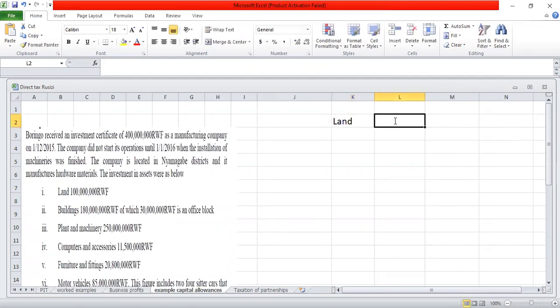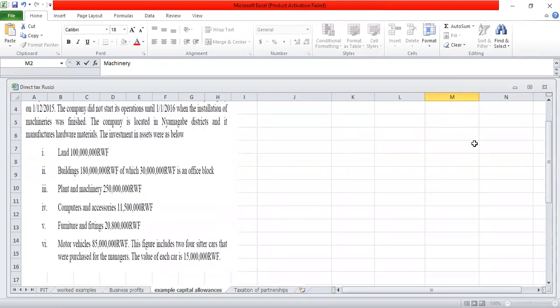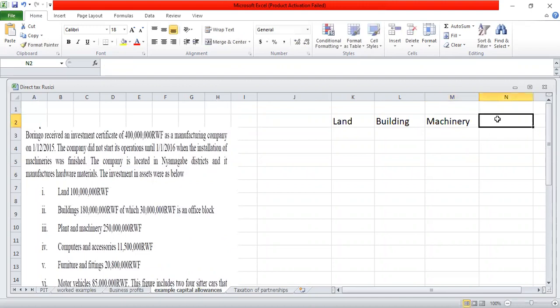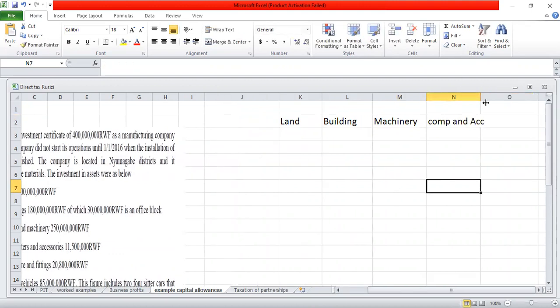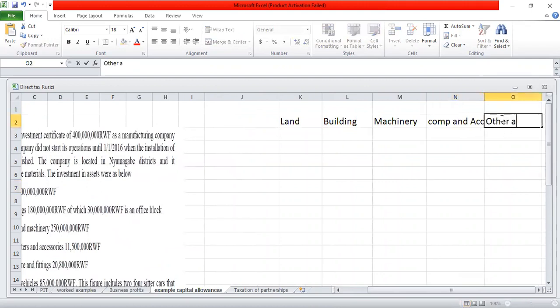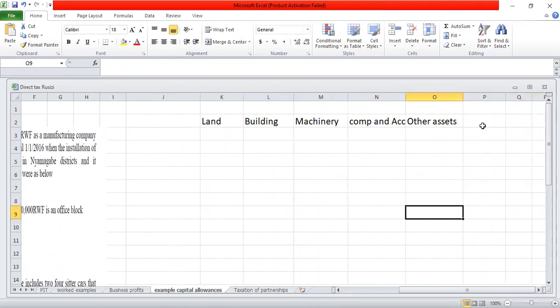Then we have building, machinery, that's the plant and the machinery. Then furniture, motor vehicle. I'm going to put them under other assets. We have computer and accessories. Then I will have my total here.